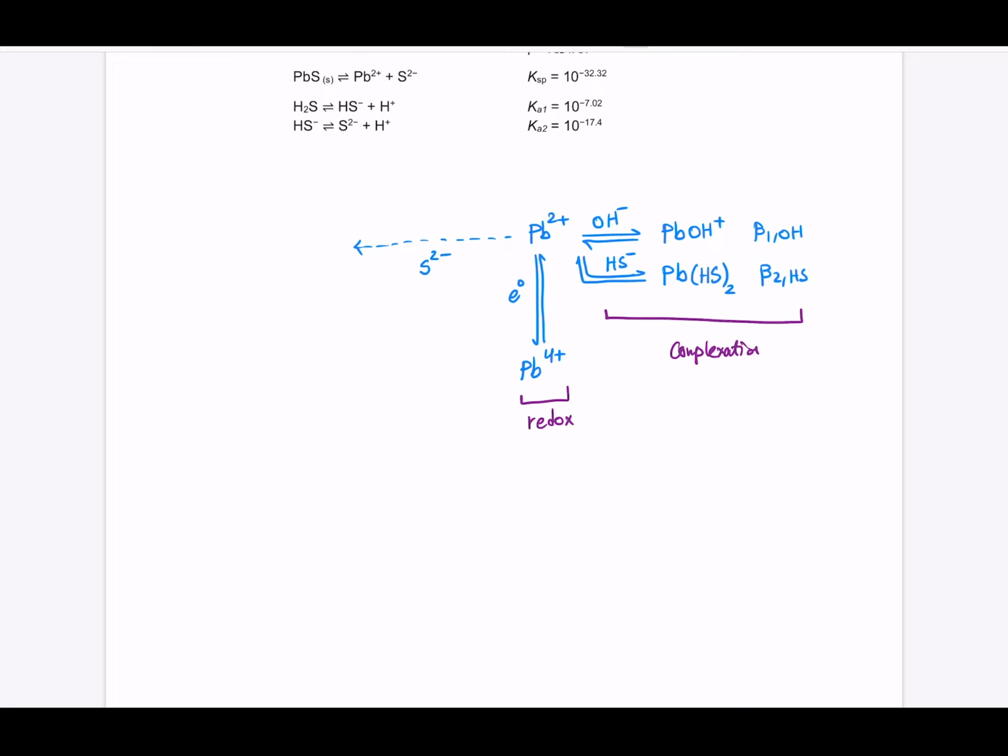S2 minus, forming PbS in the form of solid, and then Ksp is basically describing it. So this would be our precipitation. What else?